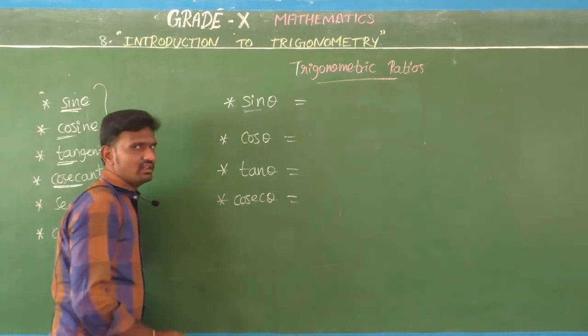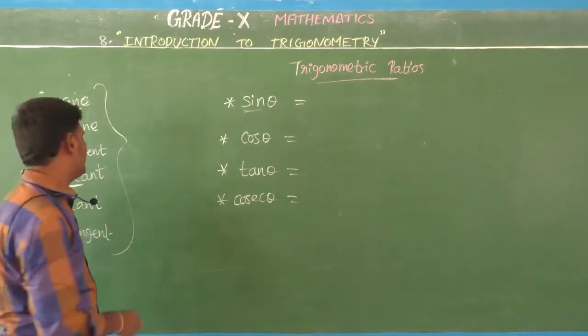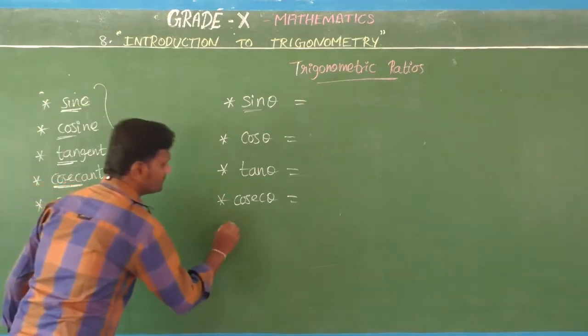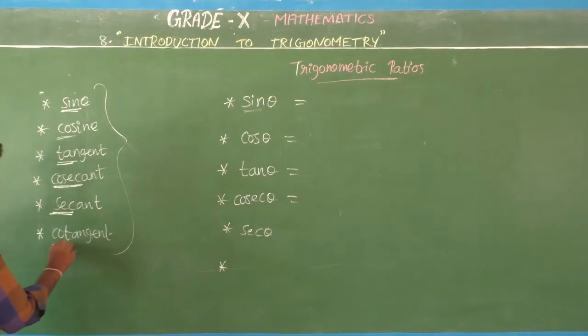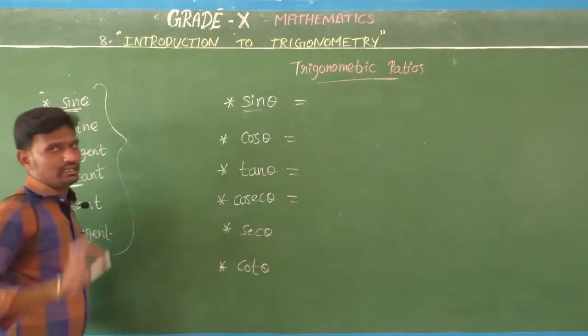We read it as cosecant theta. Next secant theta, where I take the first 3 letters. Then finally cotangent, the first 3 letters are enough, cot theta.